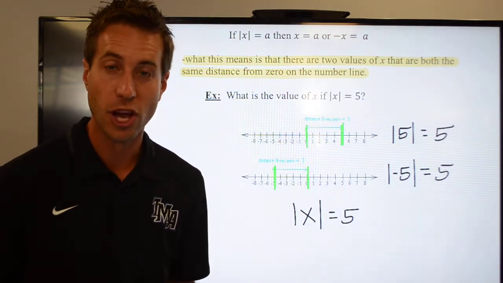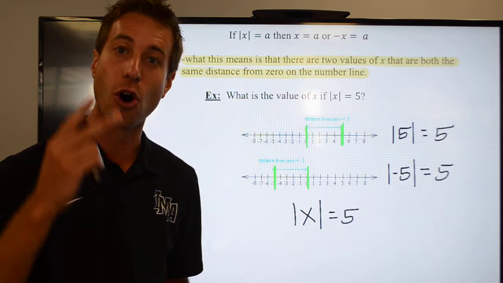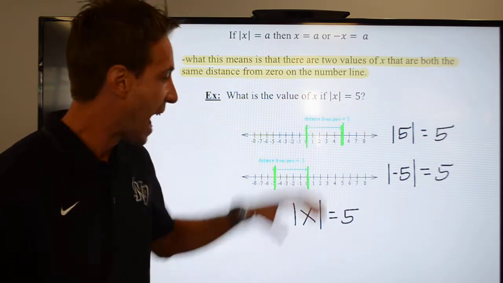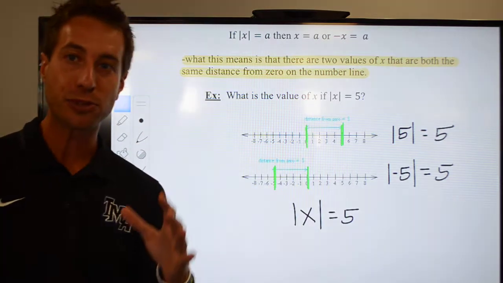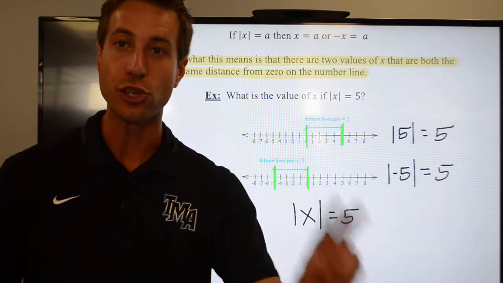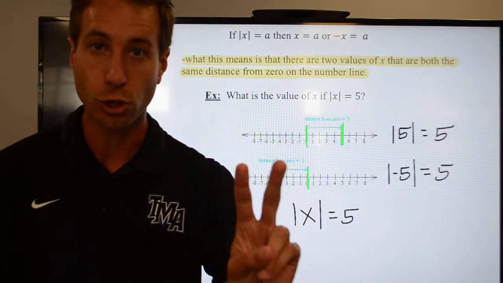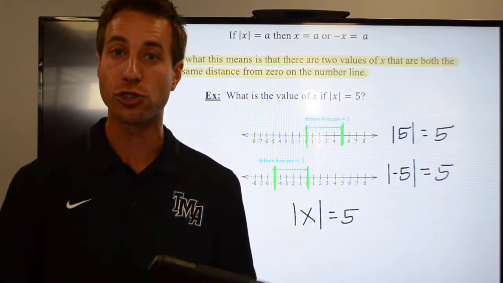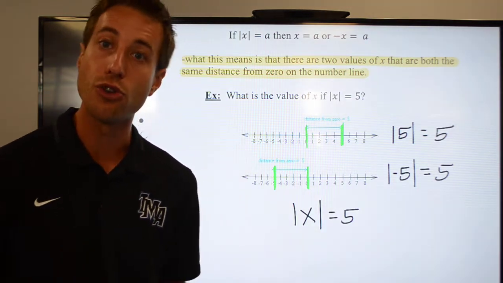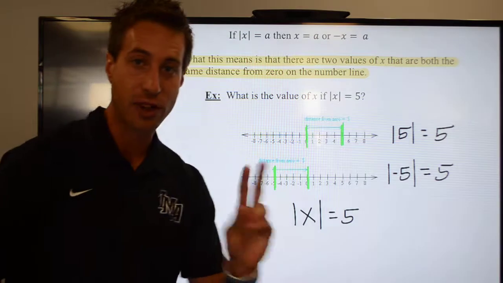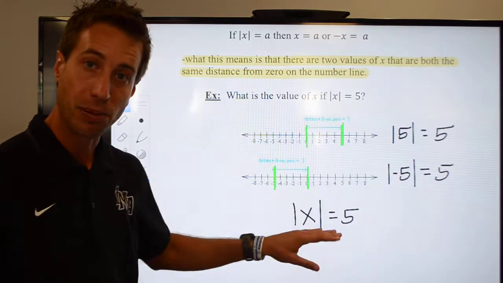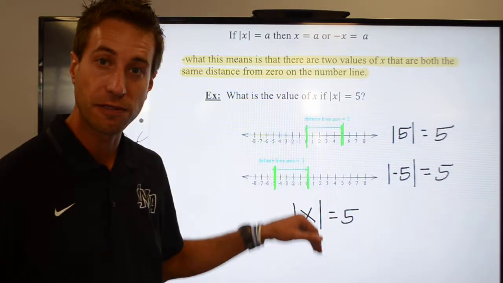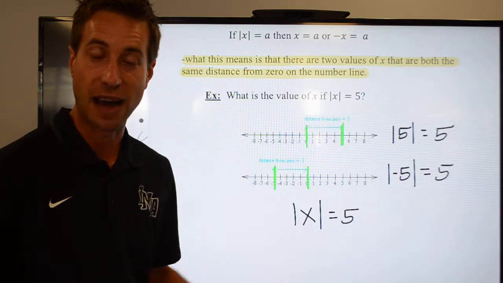You don't. You're going to have to solve for both of them. Anytime you do an absolute value equation, you will be solving two equations. You must find me both solutions because you don't know which one I want. And there are two numbers that could be plugged in for x, a positive 5 and a -5.